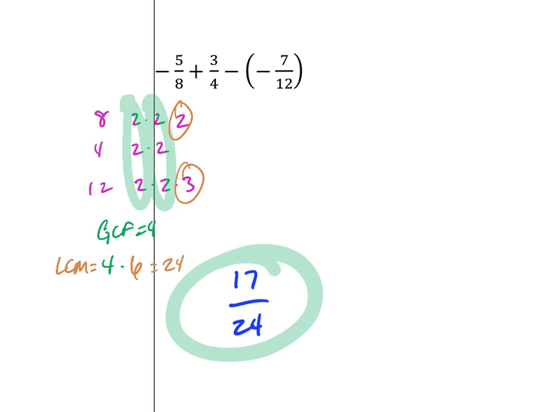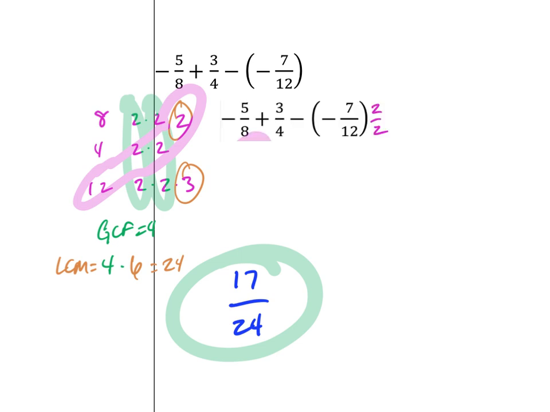Now if I look, 12 times 2, because that's all that's left over for it. So that means I have to multiply this by 2 over 2. And 8 times 3, so I've got to multiply this by 3 over 3. 4 times 6, because that's what it doesn't have.